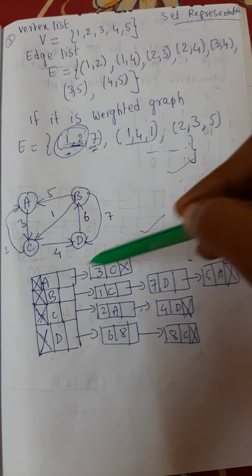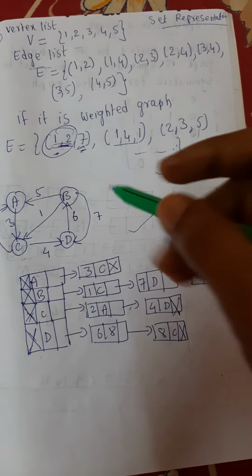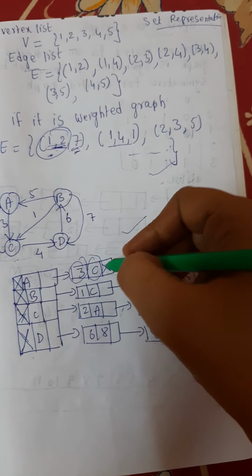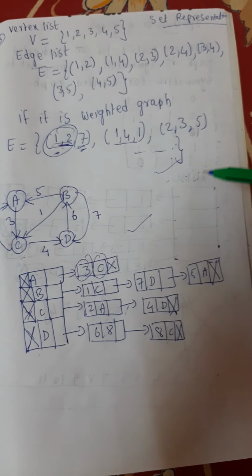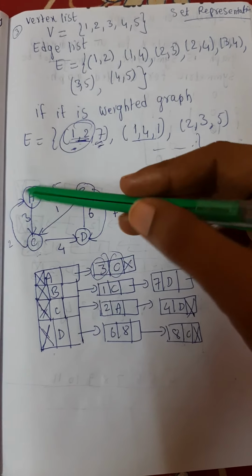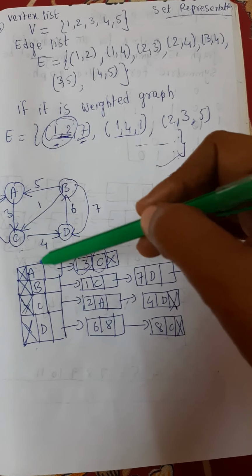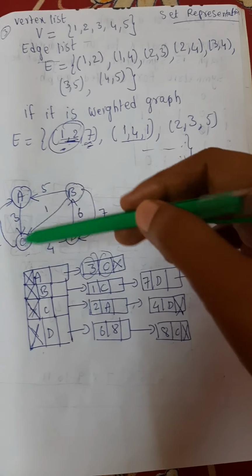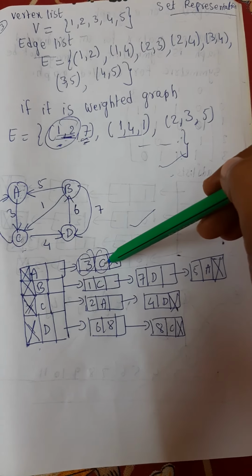Here we are taking 3 parts. The first part is representing the weight and the second one is a node, and this is representing the next adjacent node here. So for A to A we don't have, so that is the reason we have taken null here. The adjacent vertex of A is C. And what is the weight you have from A to C? It is 3.